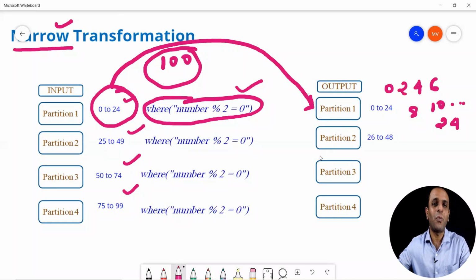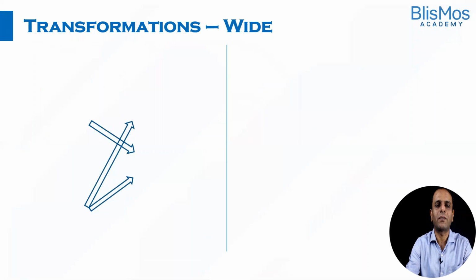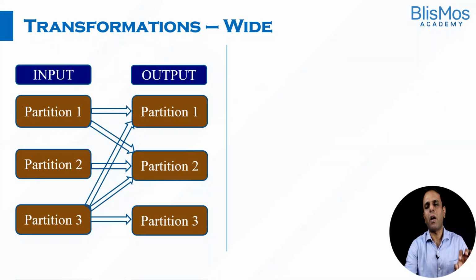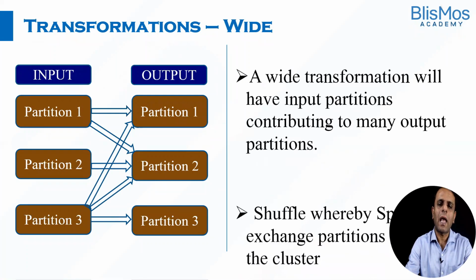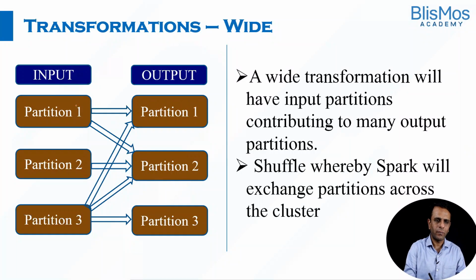Now that we understood what a narrow transformation is, let us try to understand what a wide transformation is. By this time, you would have already understood what a wide transformation may be. What is happening in a wide transformation is, one of the partitions is contributing to more than one output partition. For example, this partition 1 is contributing to output partition 1 and also partition 2.